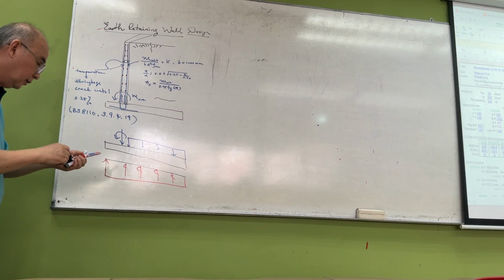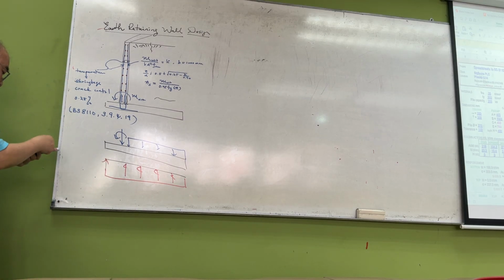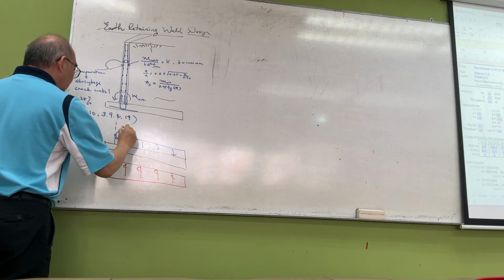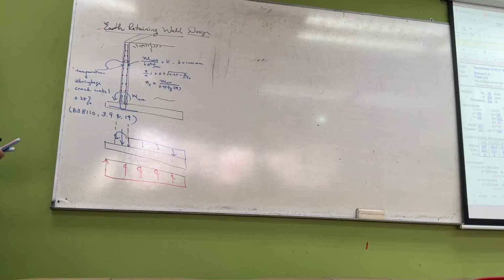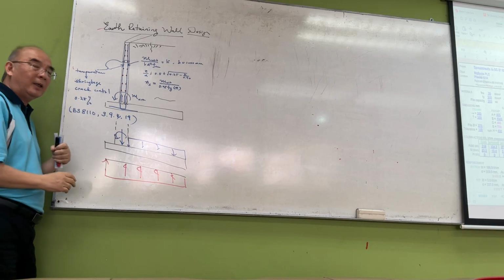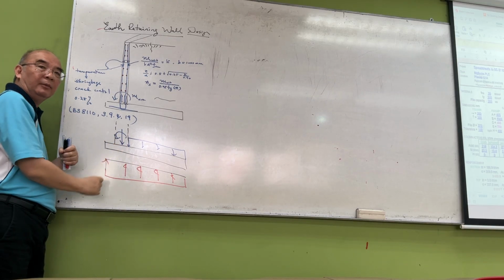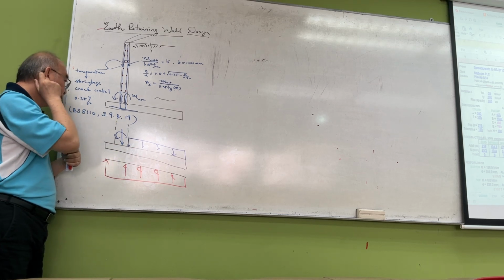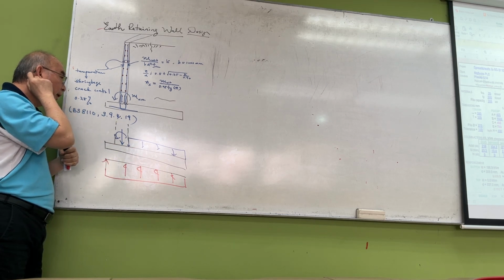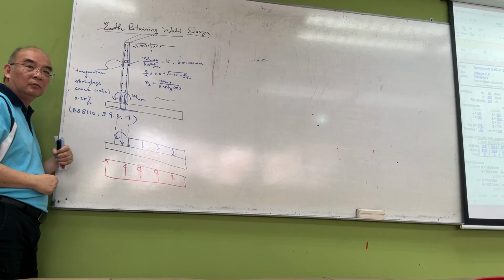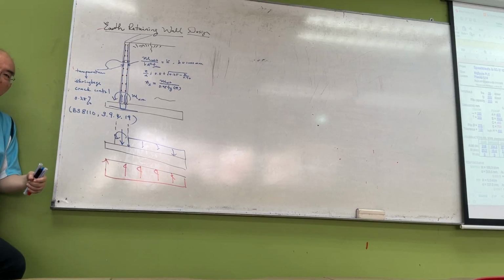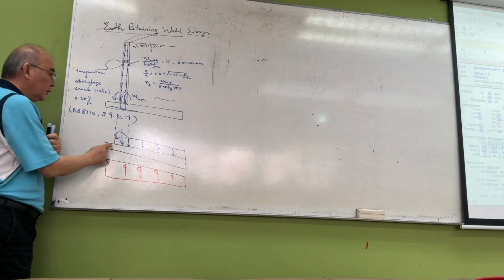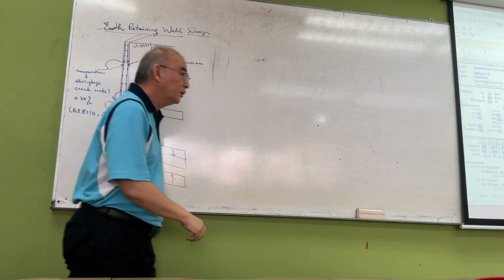Okay, then this is the wall, right? So the wall actually breaks the slab into two parts. This one here is called the heel. The other one is called the toe. Just like a foot, right? So you have the heel here and the toe. It depends on how you want to see it.